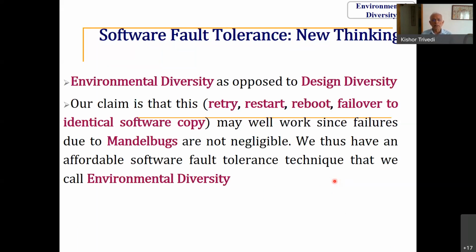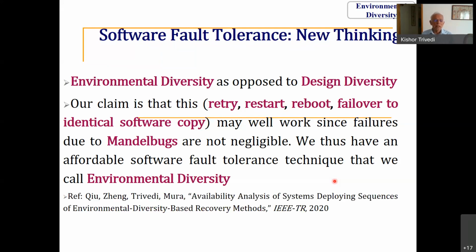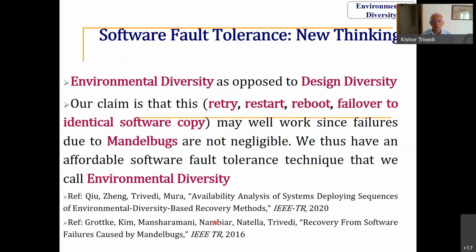Well, our claim is that retry, restart, reboot, and failover to identical software copy may well work since failures due to what we call Mendel bugs are not negligible, and we thus have an affordable software fault tolerance technique that we call environmental diversity. Quick references on these topics are given here: one in IEEE Transactions on Reliability 2020, another in IEEE Transactions on Reliability 2016.